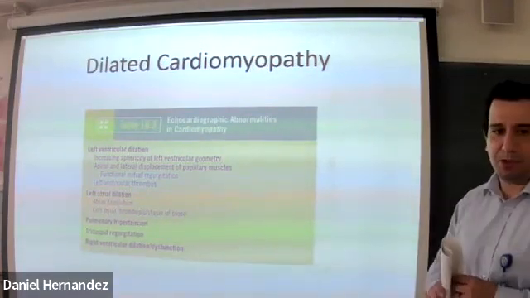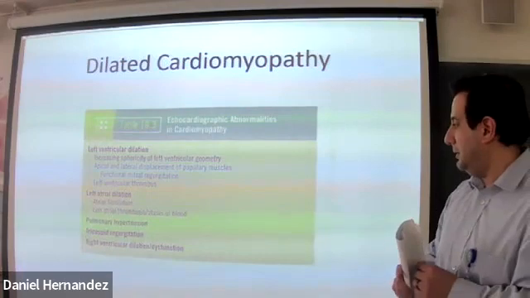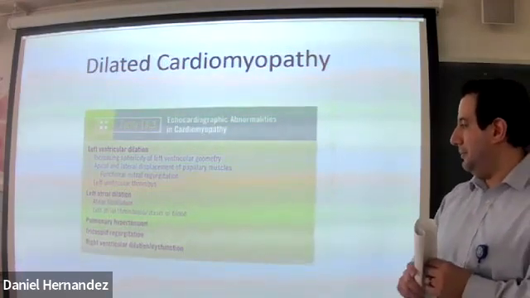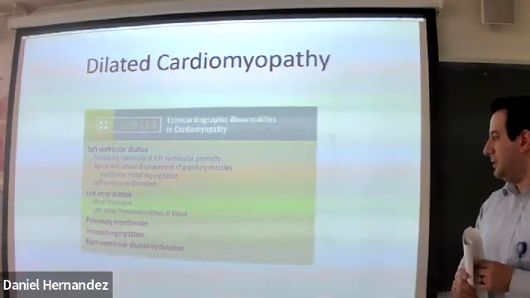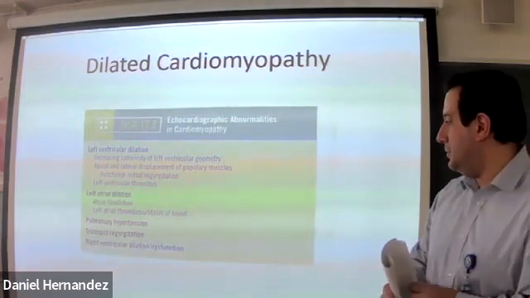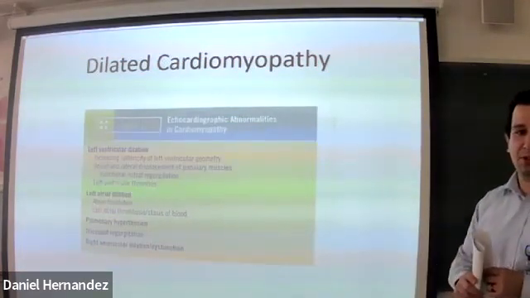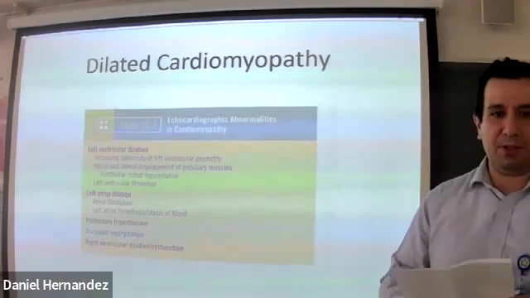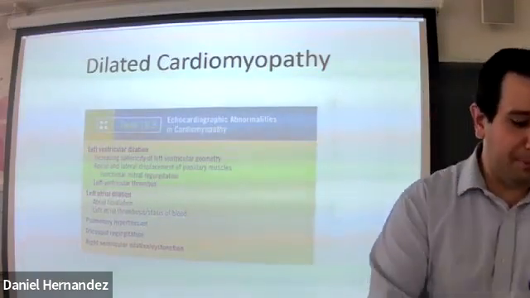The right side becomes large and dilated as well, so they have functional tricuspid regurg. They'll also have right ventricular dilatation and dysfunction, including systolic dysfunction of the right ventricle.